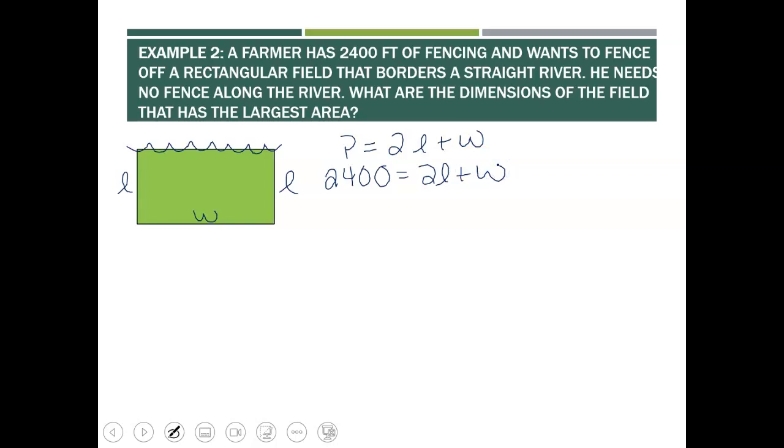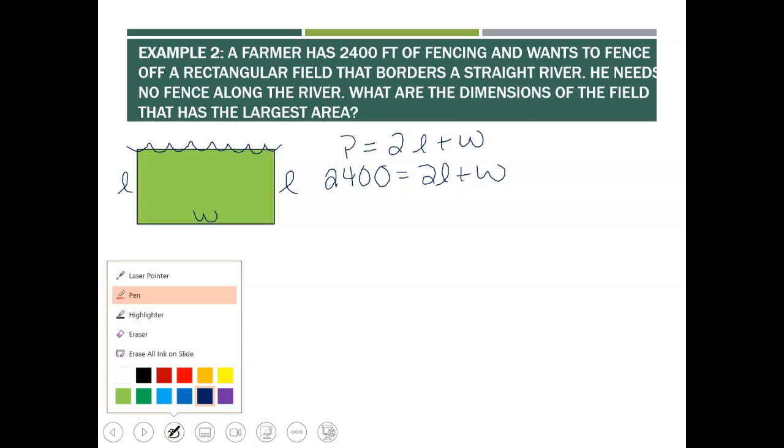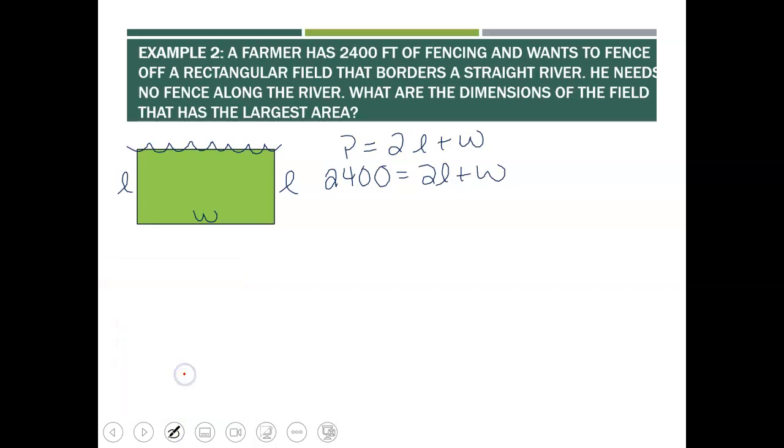What are we trying to maximize? Area. So we have perimeter as part of our formulas with our numbers, but we're trying to maximize area.